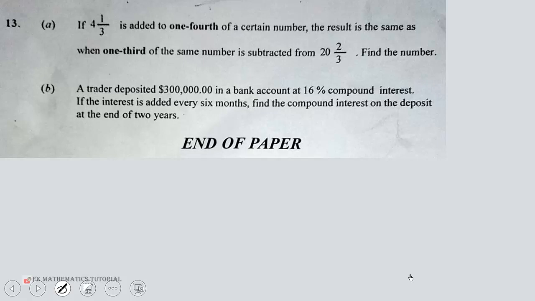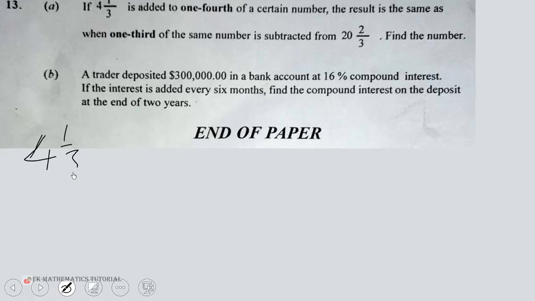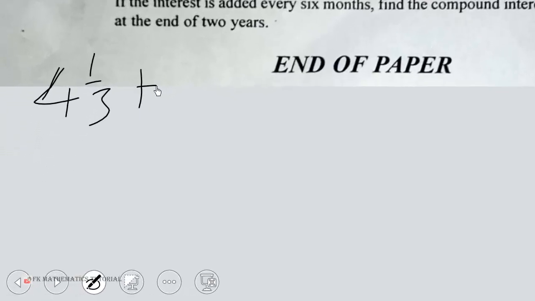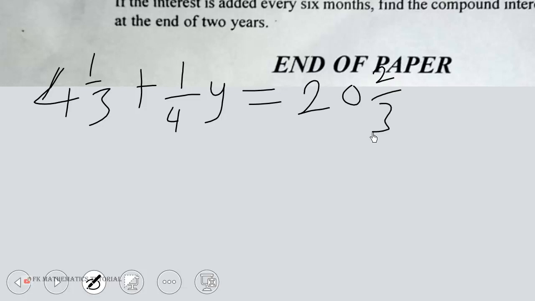So if 4 whole number 1 over 3 is added to 1/4 of y, the result is the same as when 1/3 of the same number is subtracted from 20 whole number 2 over 3. So minus 1/3 of y. So this is a linear equation that we need to solve for y.